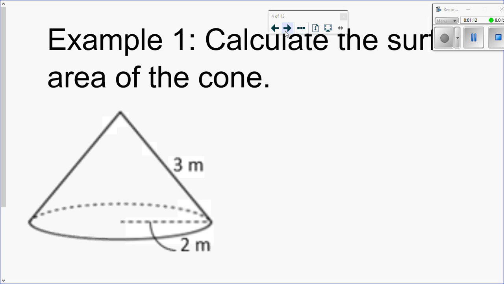So calculate the surface area of the cone from the formula sheet: pi r s plus pi r squared. This one's nice, and the slant height was given to you.